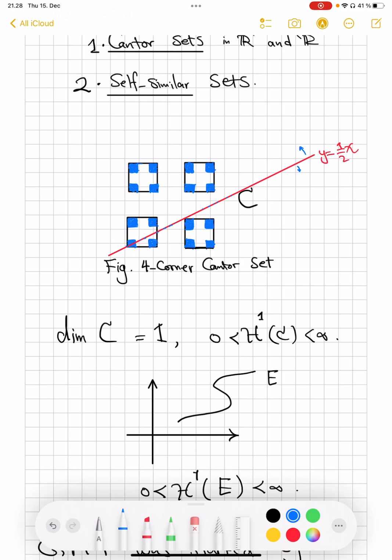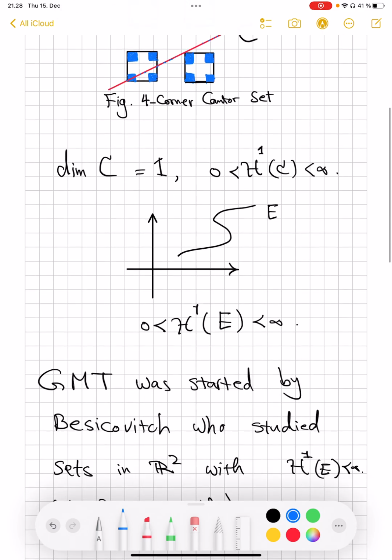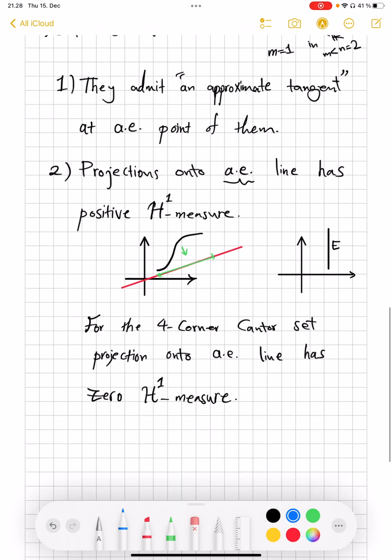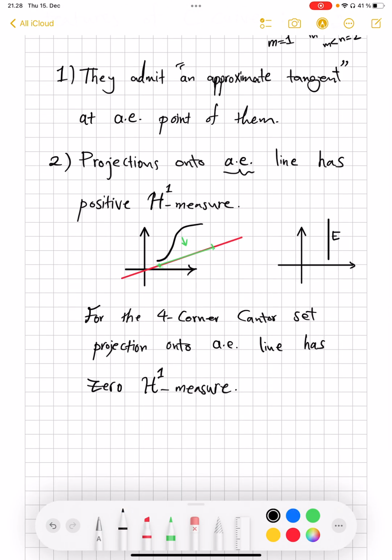So we're looking at a one-dimensional set whose shadows are not one-dimensional. And so the shadows really do not capture the set, which is weird. And that's just natural because the four-corner Cantor set is not rectifiable, and it's one of those weird sets.